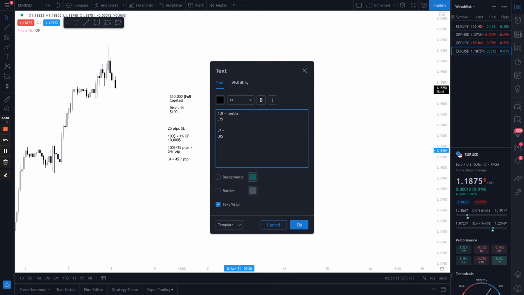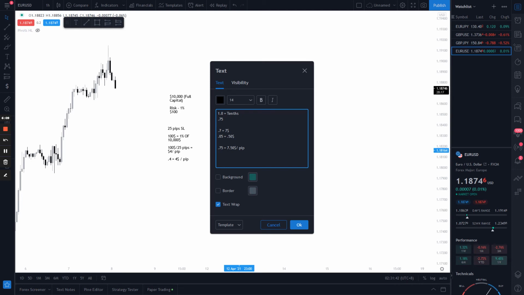Anything below 1.0 is just 987654321, which means that 0.7 equals $7 and 0.05 equals 50 cents. So 0.75 equals $7.50 per pip.